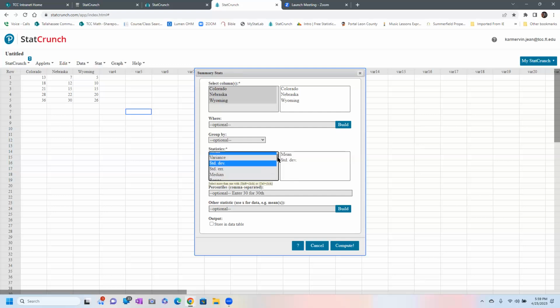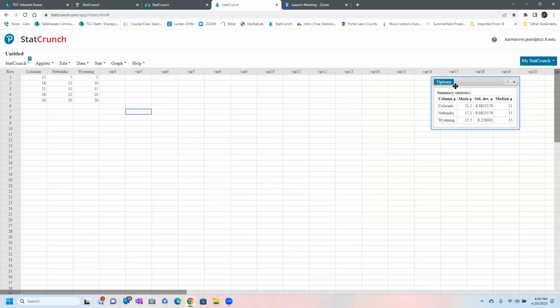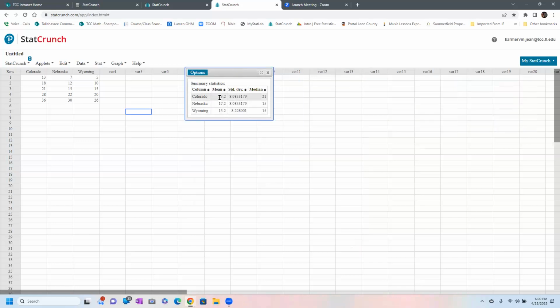If I need something else, I can also get the median if I want to, but I don't need the median. Just to play around with it. I say compute, and here we go. So the two states that have the same standard deviation are Colorado and Nebraska.